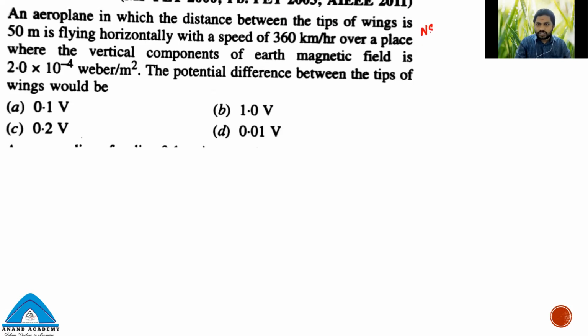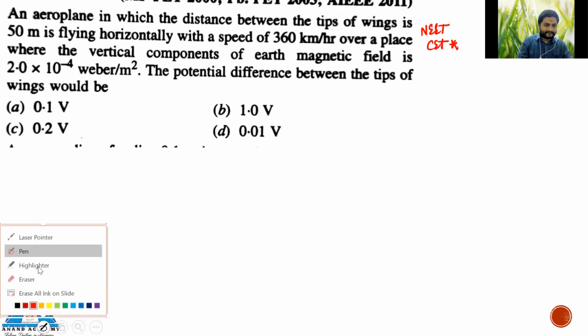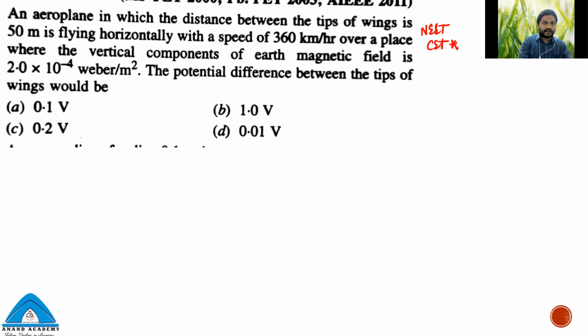This question has been asked many times, especially in CET exams. Just check the previous year CET questions and you will be surprised. An aeroplane in which the distance between the tips of the wings is 50 meters is flying horizontally with a speed of 360 kilometers per hour.